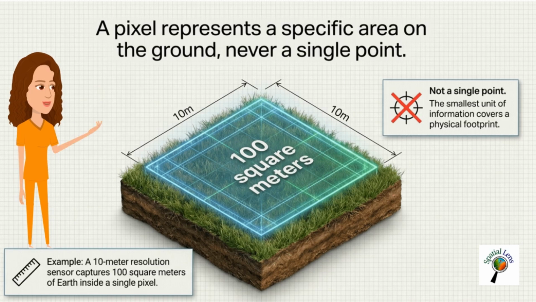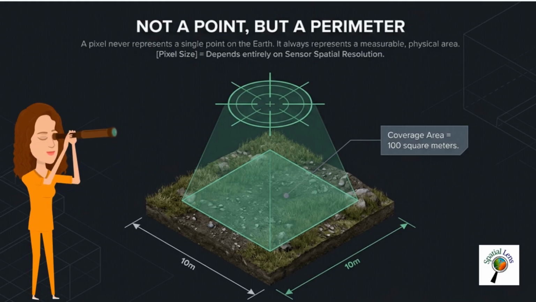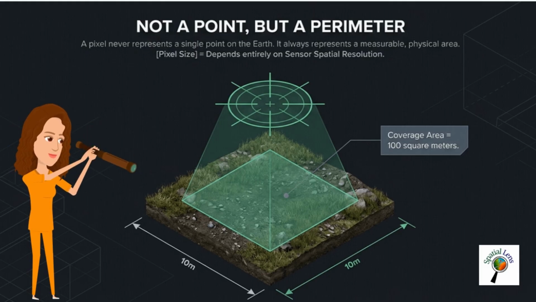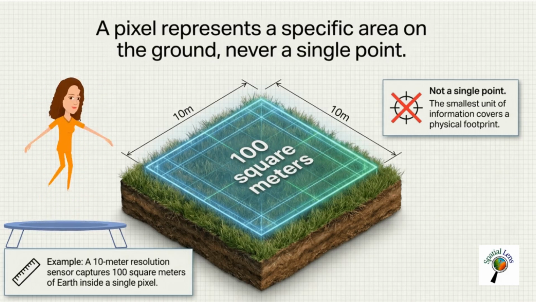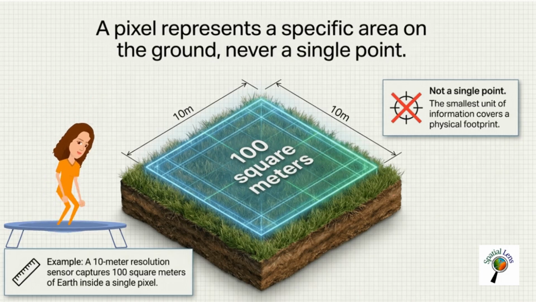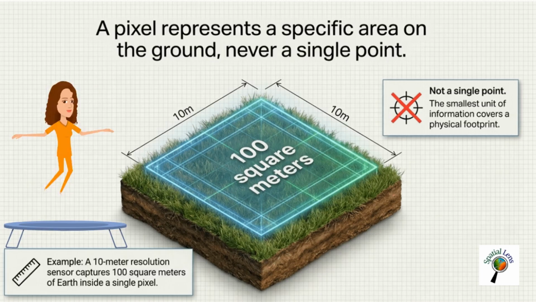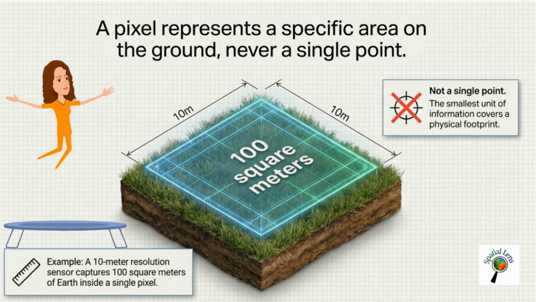Now an important question arises. Does a pixel represent a point on the Earth's surface? The answer is no. A pixel always represents an area, never a single point. For example, if a satellite has a spatial resolution of 10 meters, each pixel represents a square area measuring 10 meters by 10 meters on the ground.